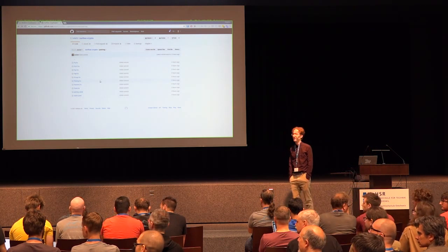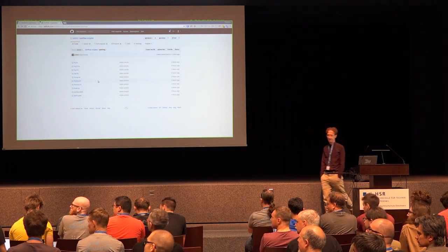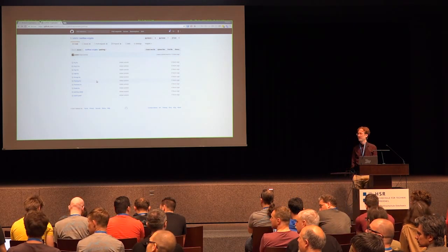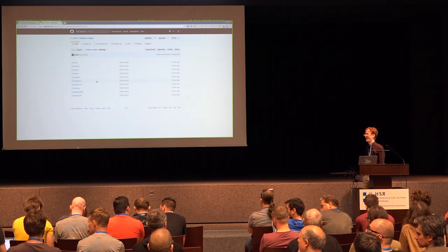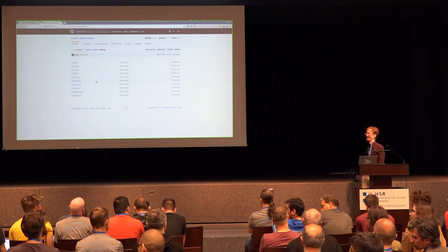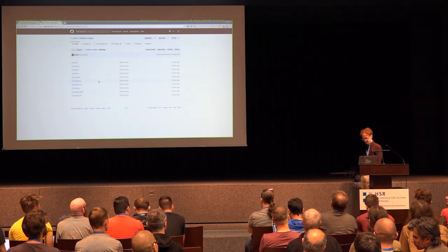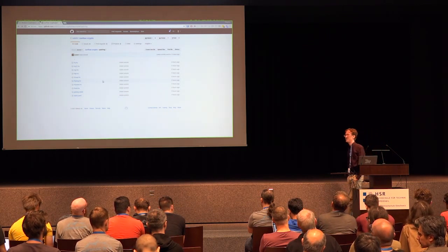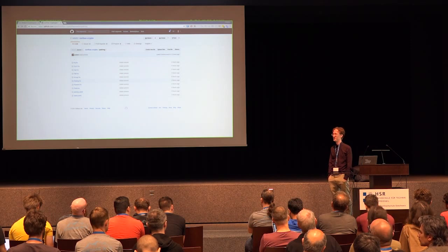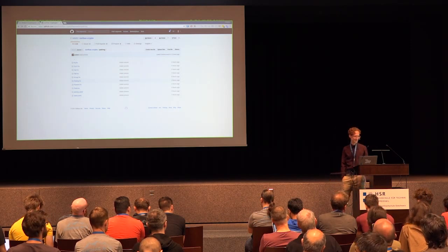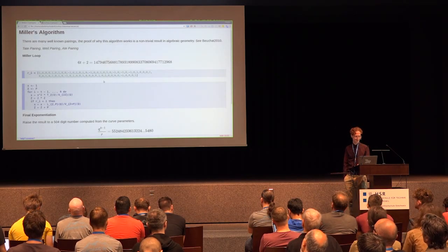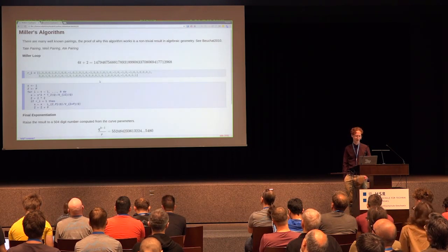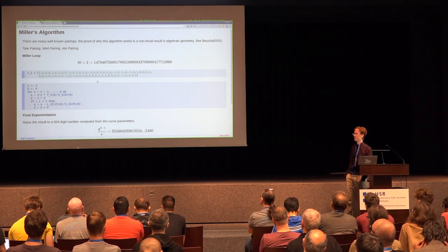You mentioned at one point that laziness was an advantage. Was it only at that point, or was it an advantage throughout? It's always an advantage. The only advantage I had with the laziness is in the Miller loop, which is basically this big for loop here, where I'm iterating over this unimaginably large number.